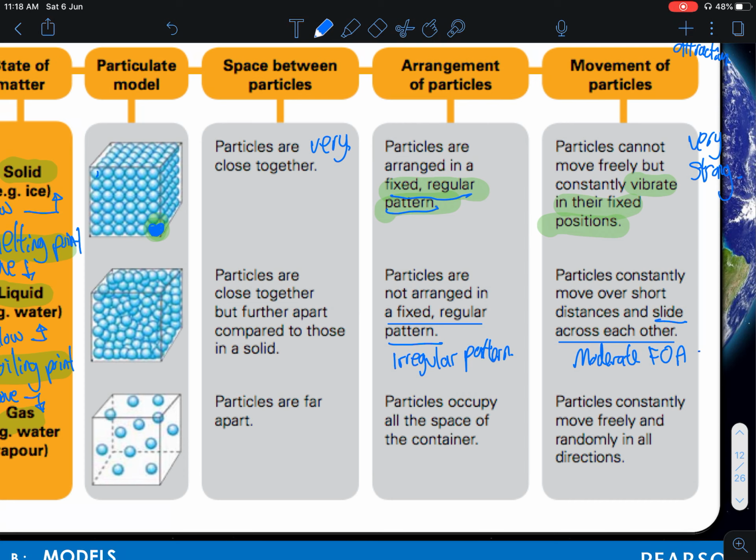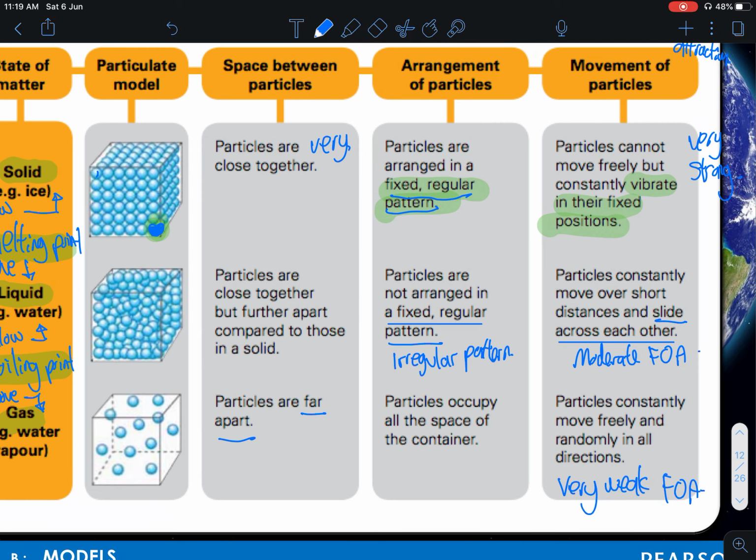Now, if we look at gases, the particles are very far apart, and they occupy all the space of the container. In other words, they are moving everywhere. But more importantly, they are generally far apart from each other. This means that the attractive force is very weak. Very weak intermolecular forces of attraction.